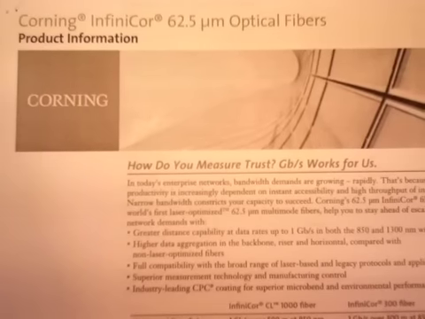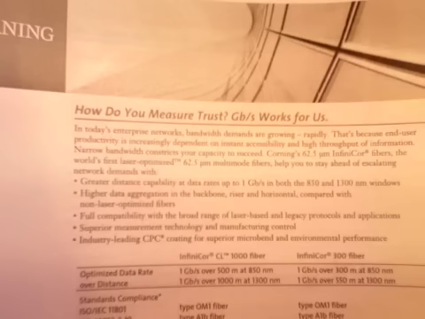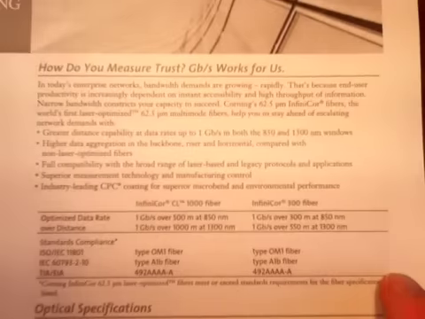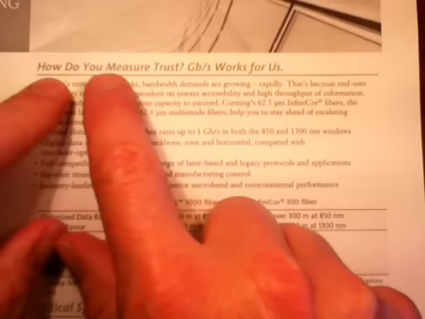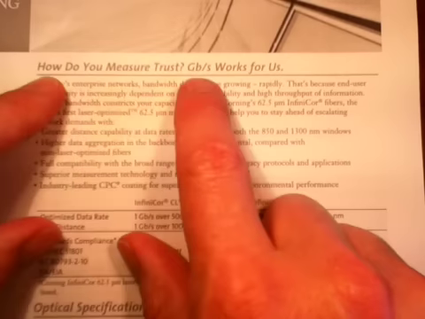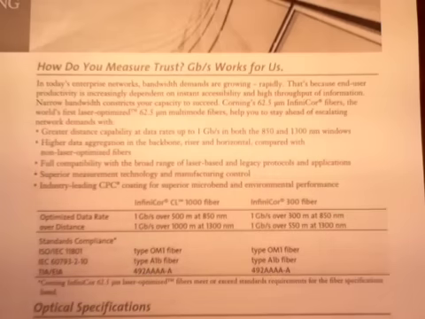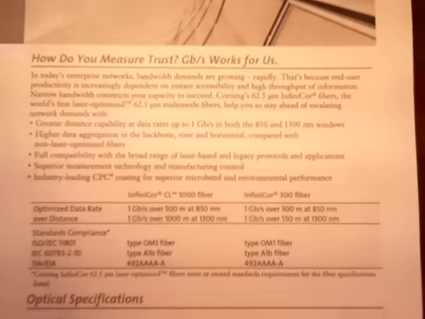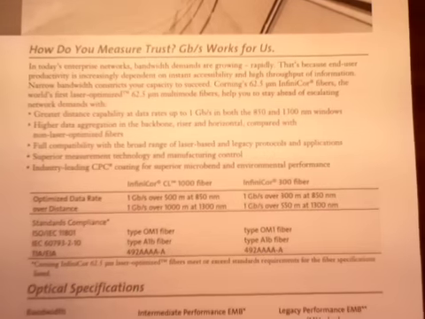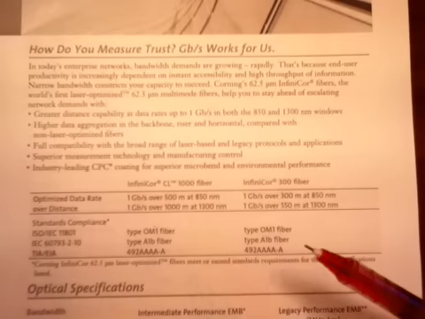The thing they say here is, how do you measure trust? How do they specify this fiber? They specify in terms of gigabits per second over some distance. There are two different types of Infinicore fiber. I hope you can read this in the video.